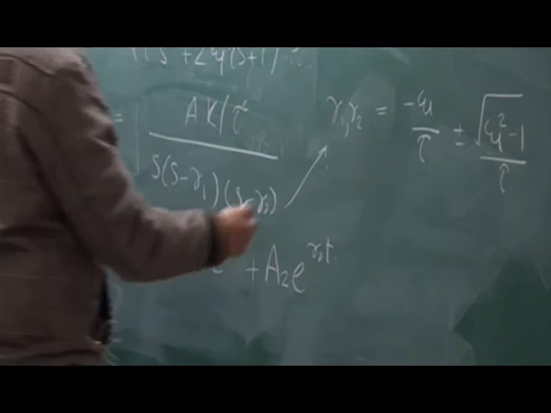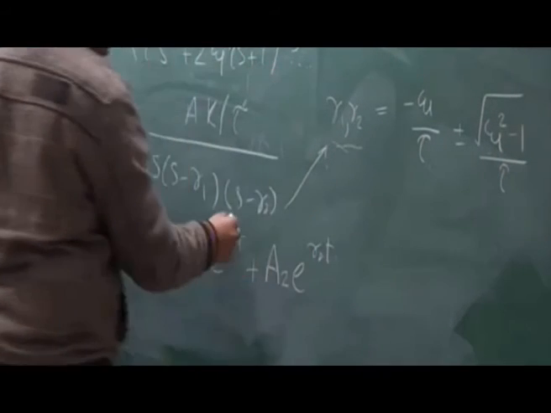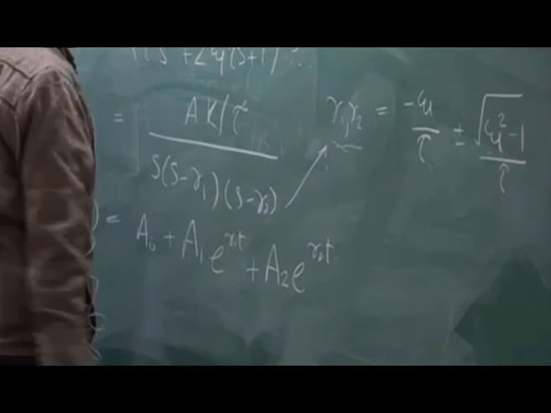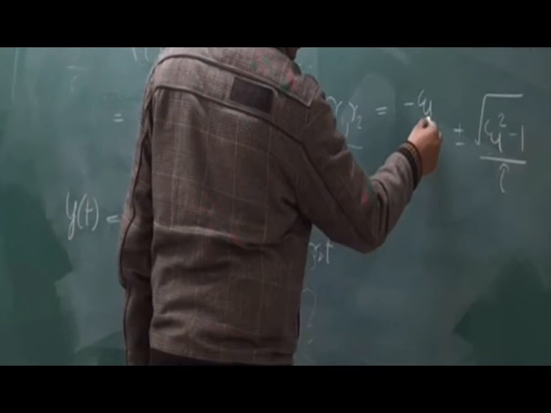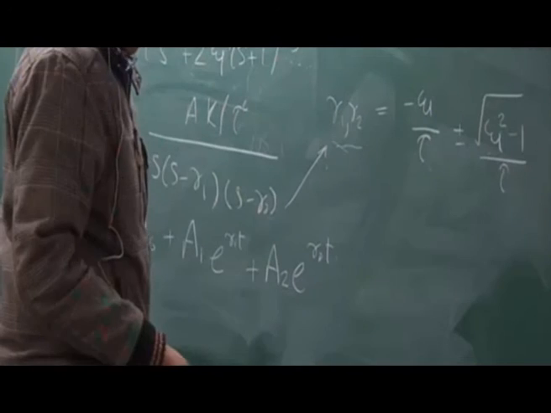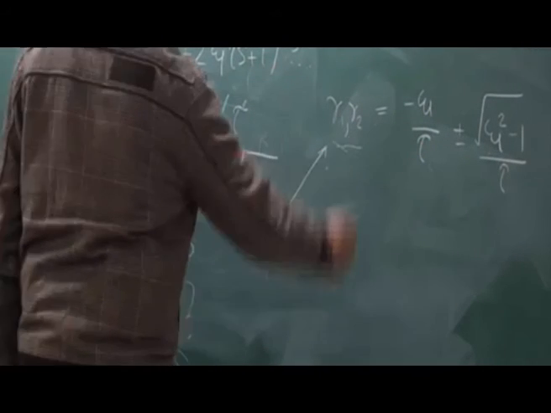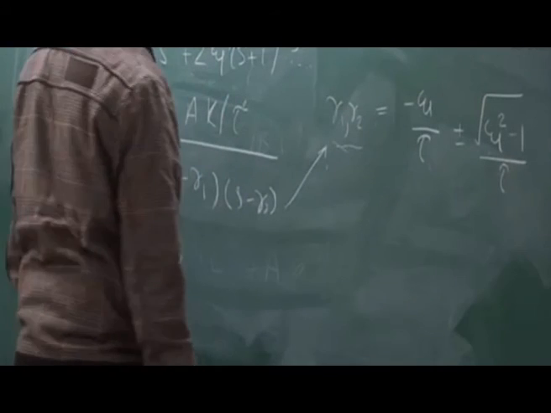So if you give attention to these roots, which form the basis of this transfer function, it highly depends on the value of xi and tau. So we'll consider three different cases for xi, because xi is the most dominating factor in knowing the values of R1 and R2.